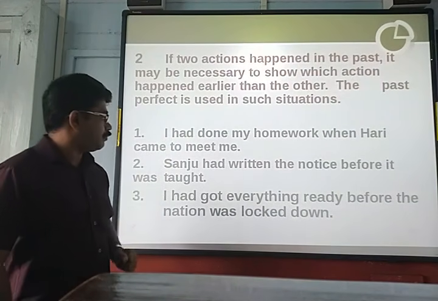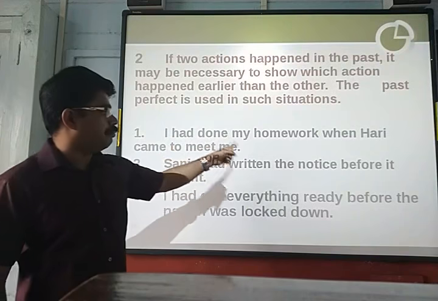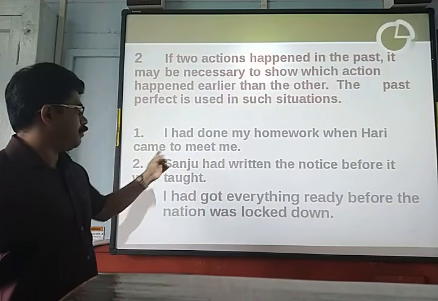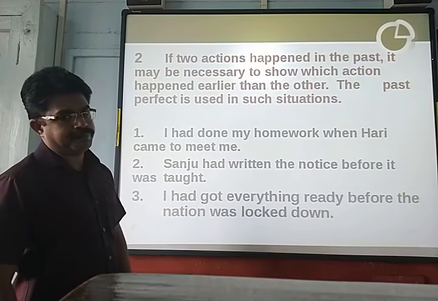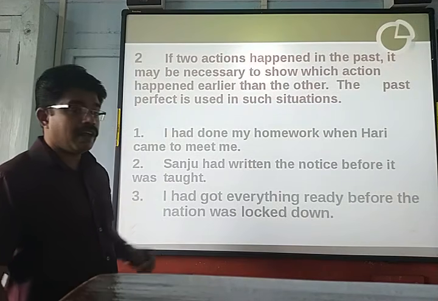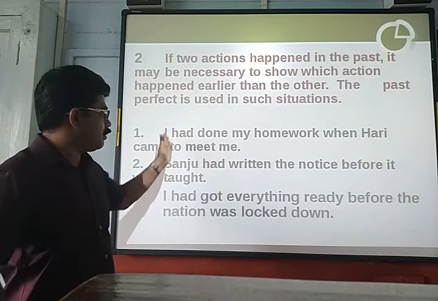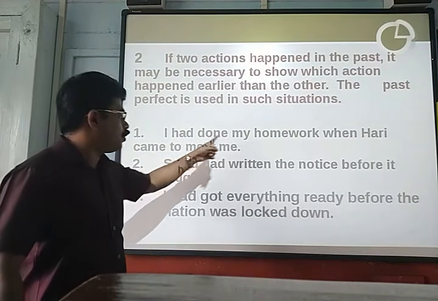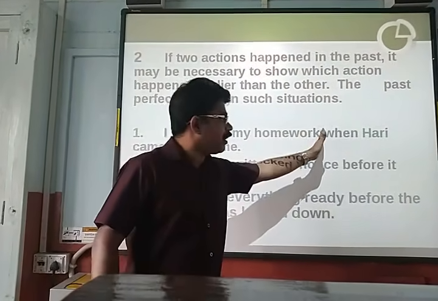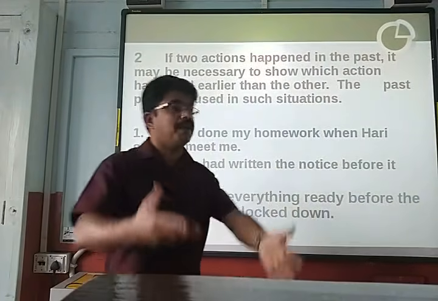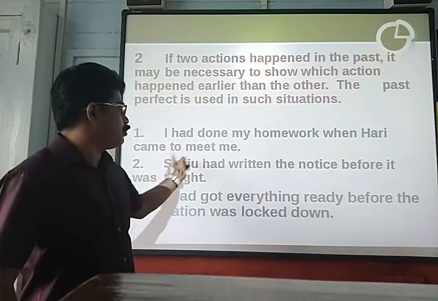Example, let's take: I had done my homework when Hari came to meet me. I had done my homework. I have completed my homework. The activity of doing my homework has been completed up to this place. After that only Hari came to meet me.